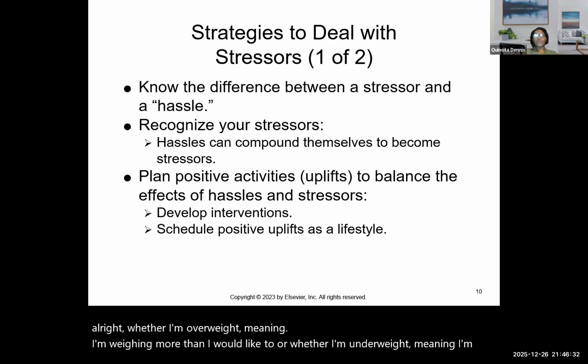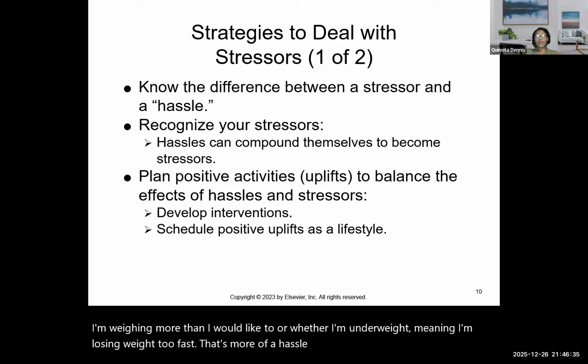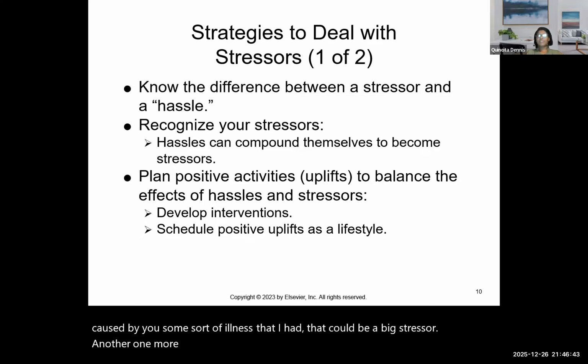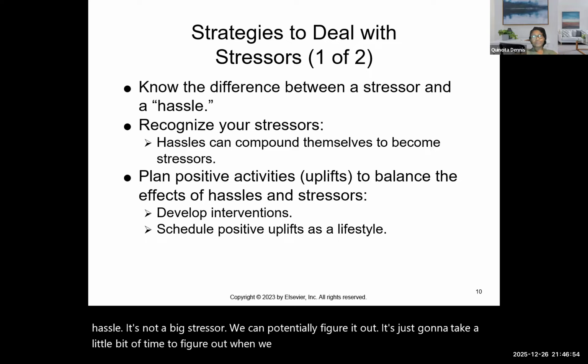That's more of a hassle. I mean, unless that weight loss is caused by some sort of illness that I have, that could be a big stressor. Another one, more of a hassle, is not getting enough sleep. All right. So it's more of a hassle. It's not a big stressor. We can potentially figure it out. It's just going to take a little bit of time to figure out when we can get that sleep.